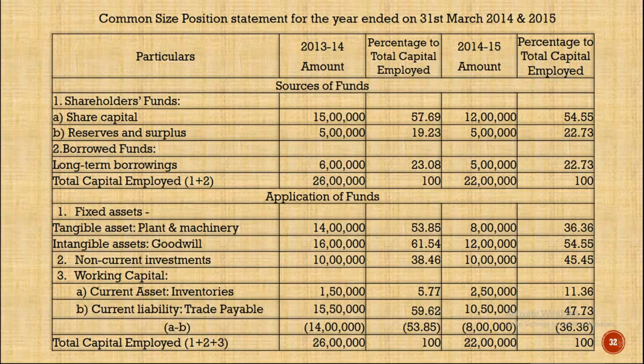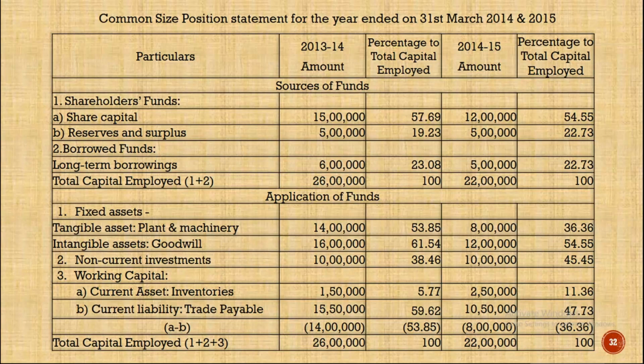We can see that share capital has decreased compared to the earlier year. Reserve has increased. Again, there is a decrease in the long-term borrowing. Then moving to application of funds, there is a substantial change or decrease in the plant and machinery figure percentage.